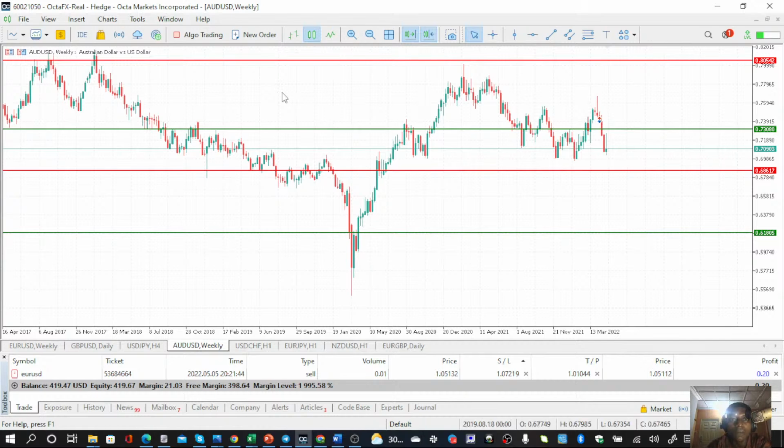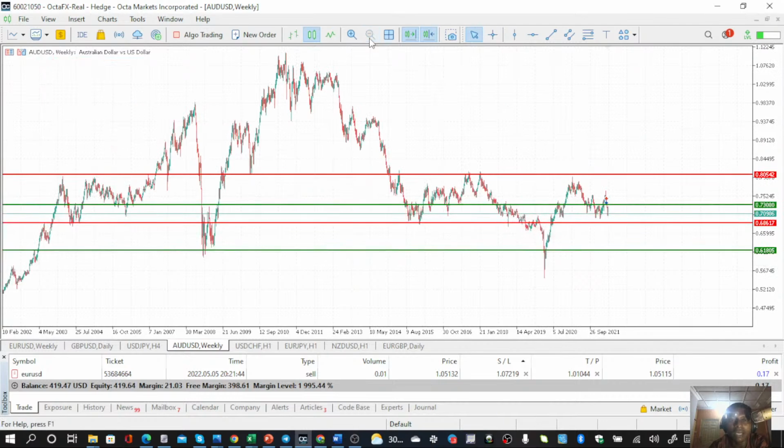Now let's short the market. Why are we shorting the market? We've identified a bearish market structure. We've identified the descending triangle chart pattern.